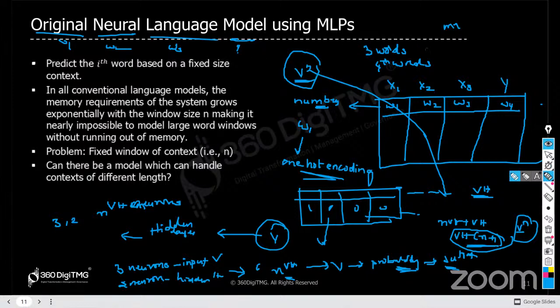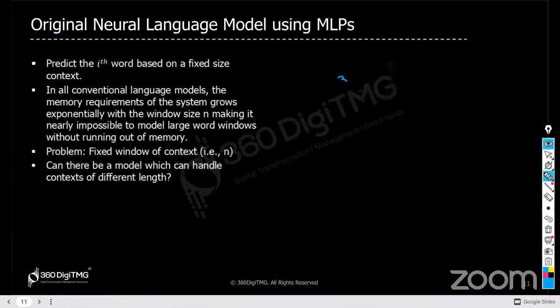So here, the number of parameters got reduced. So this problem of V power N words is gone. But now we have the context problem. If you have 3 words and you want to predict the 4th word, this will work. The algorithm that you design will work.